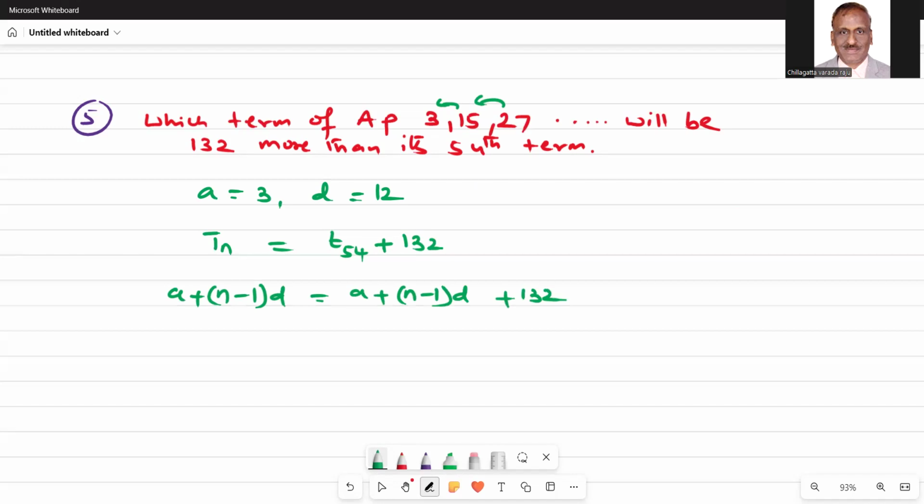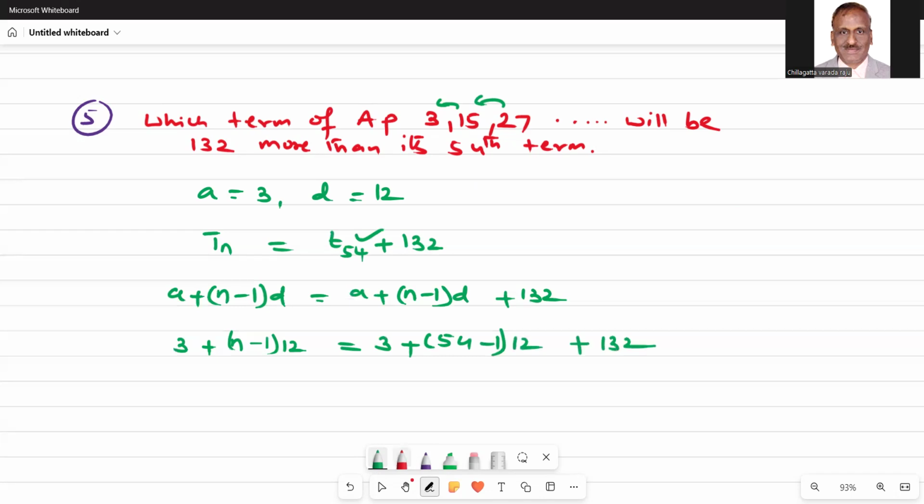We'll substitute: A is equal to 3, n we don't know, that is what we have to find, which term. Common difference is 12. Again for the same series A is equal to 3, and here n we know, the 54th term, n is equal to 54, minus 1, and common difference is 12, plus 132.